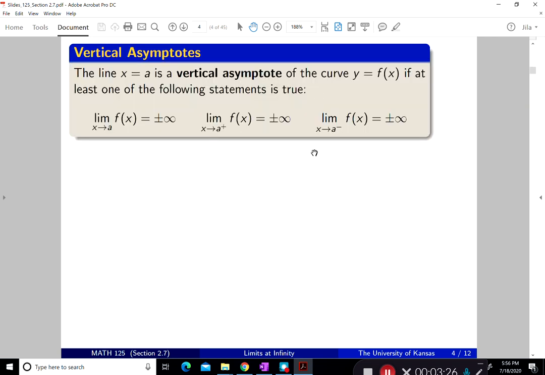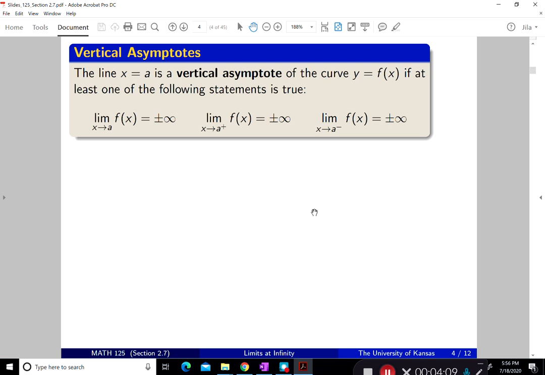Vertical asymptotes. The line x equal to a is a vertical asymptote of the curve y equal to f of x if at least one of the following statements is true. The vertical asymptote idea that we had before is now translated into limits, and that's either the limit as x approaches a of f of x is equal to plus or minus infinity, or the limit as x approaches a from the right side of f of x is equal to plus or minus infinity, or the limit as x approaches a from the left side of f of x is equal to plus or minus infinity.